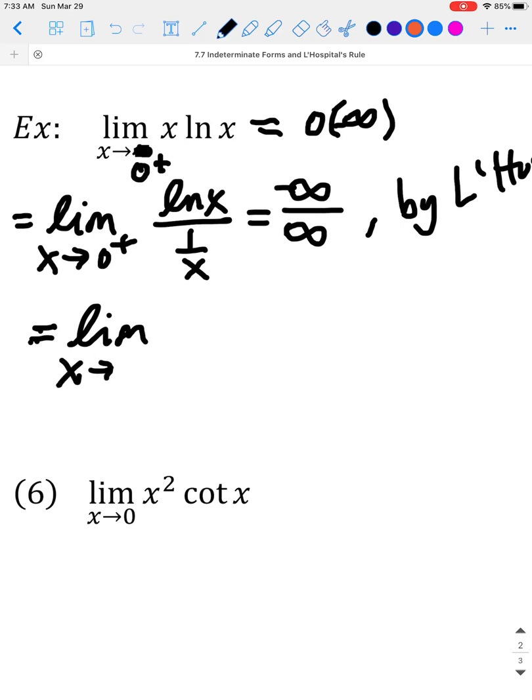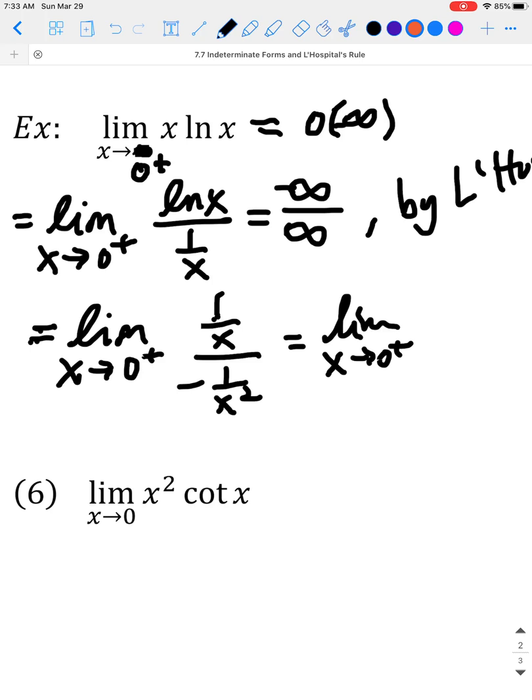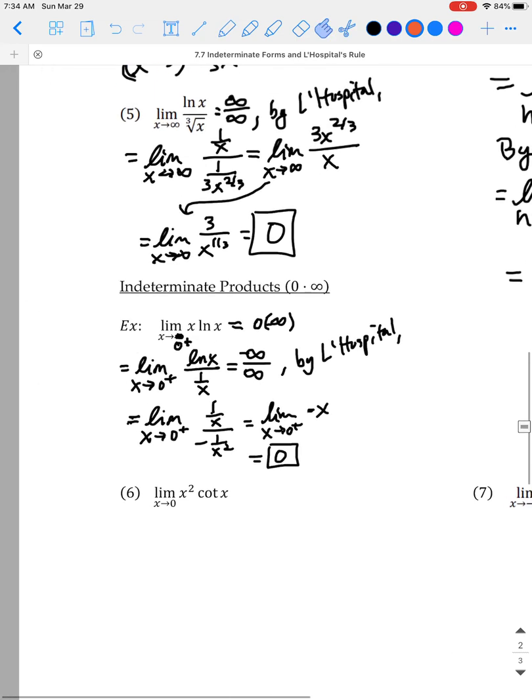If we apply L'Hopital, then we get the limit as x goes to 0 from the right of 1 over x over negative 1 over x squared, which is going to equal the limit as x goes to 0 from the right, if we multiply by the reciprocal, of negative x, which is simply going to equal 0. So in this case, x is going to approach 0 faster than the natural log is going to approach negative infinity. So our answer is 0.